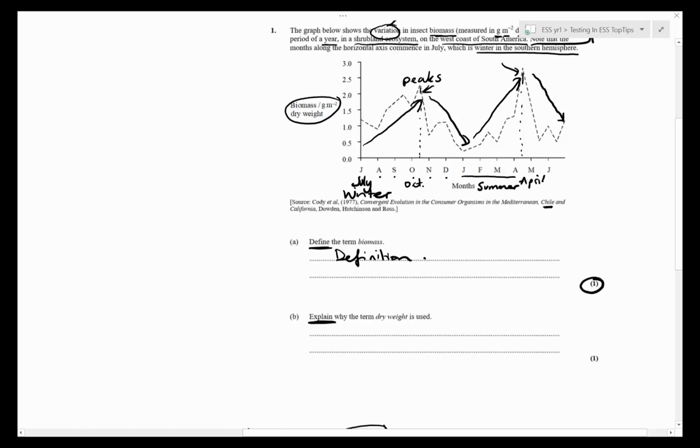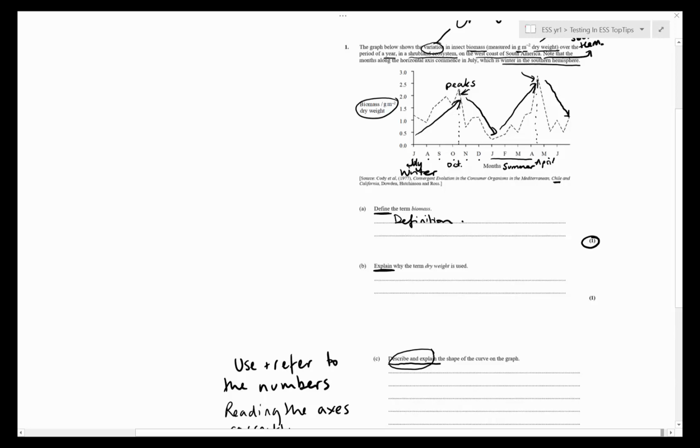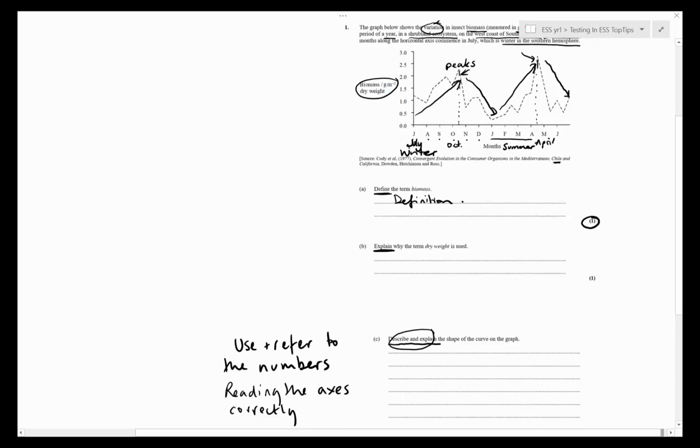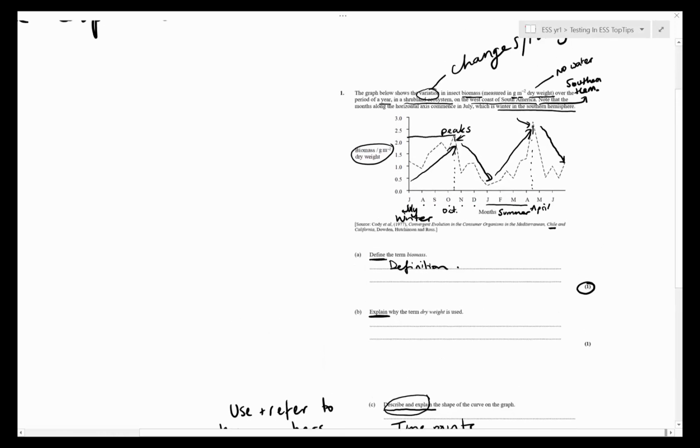Okay, so we need to say that. So we'll talk about, we're going to mention time points. We're also going to say where it peaks. The second one's a bit higher.